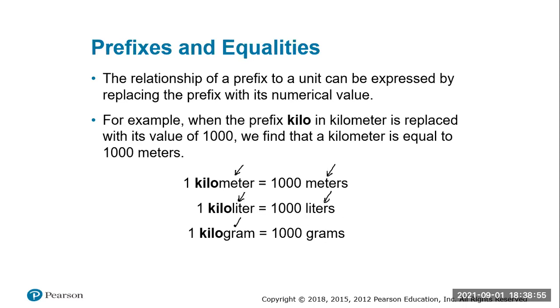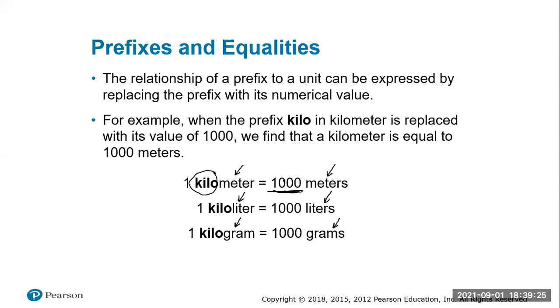And if I change the base unit to grams, 1 kilogram is 1,000 grams. The take-home message from all these is when you say kilo, you're talking about basically 1,000. It doesn't matter what the unit is, meters, liters, grams. If you have a kilo of something, it's basically 1,000 of it. And again, we can use those depending on the unit or the quantity of the unit.